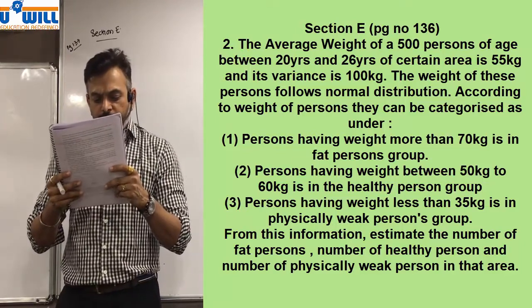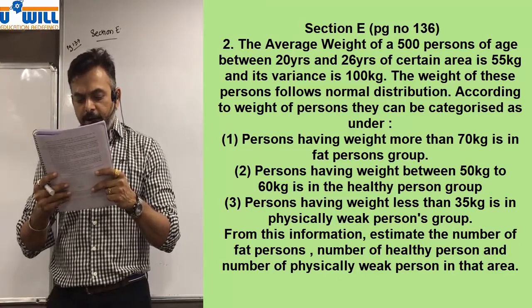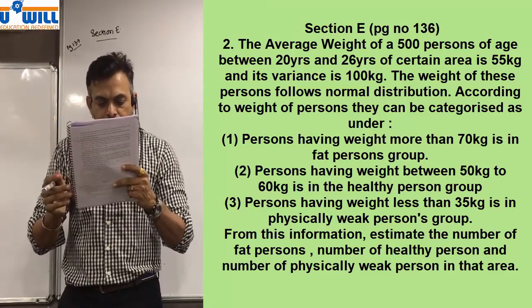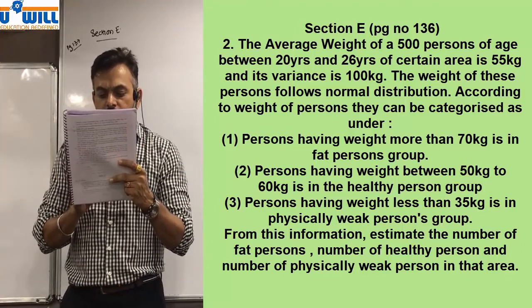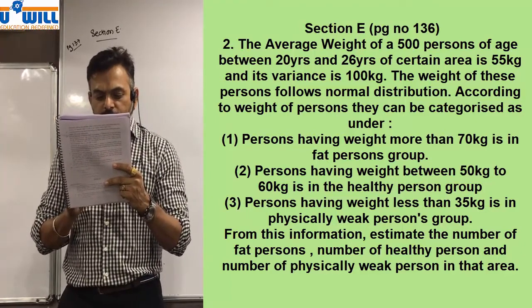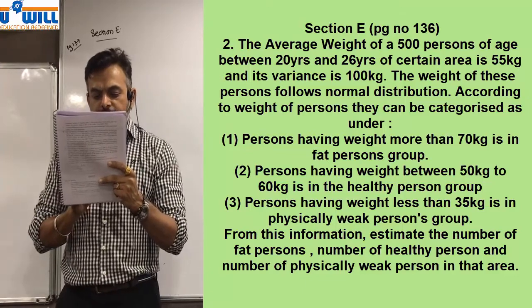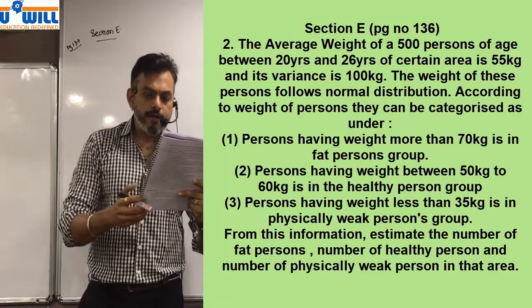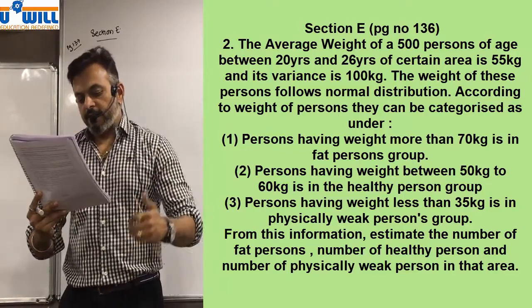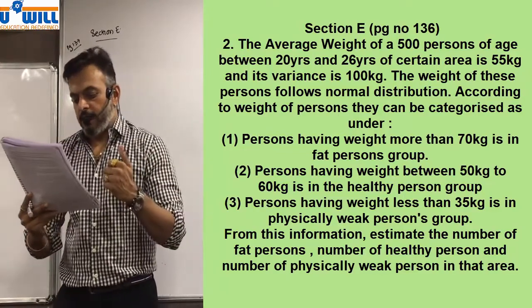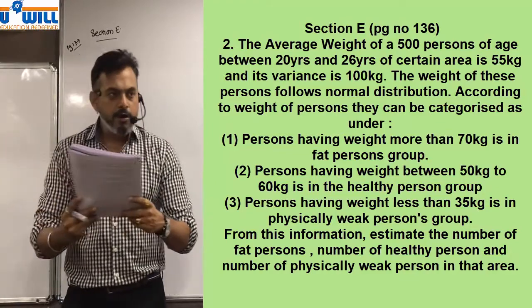According to weight, they can be categorized as under. First, persons having weight more than 70 kg are in the fat person group. Persons having weight between 50 to 60 kg are in the healthy person group, and persons having weight less than 35 are in the physically weak person group.